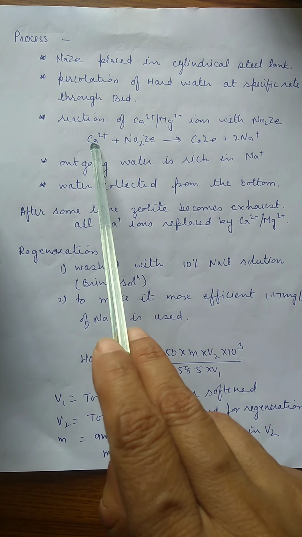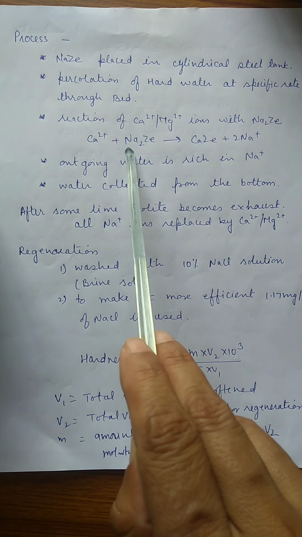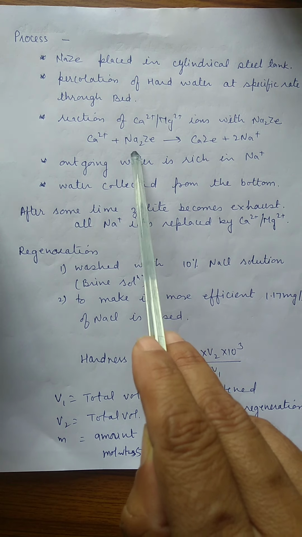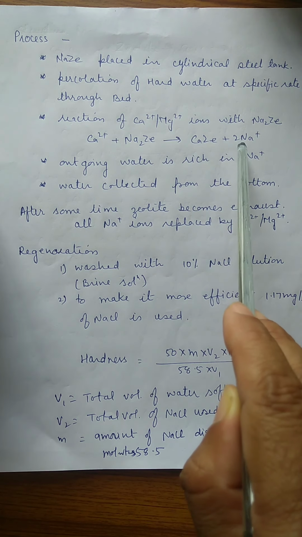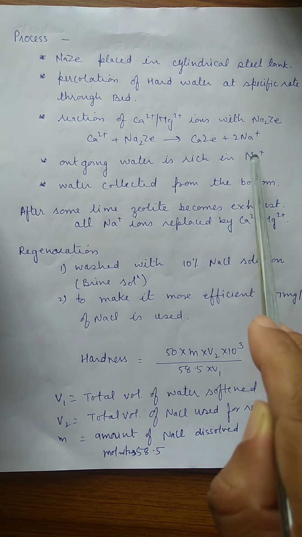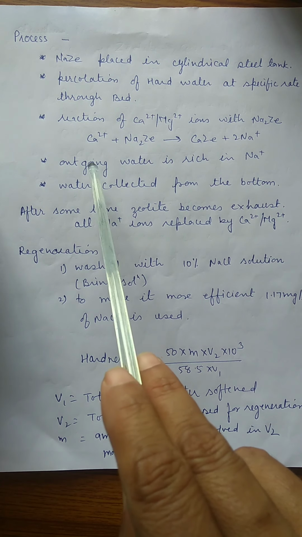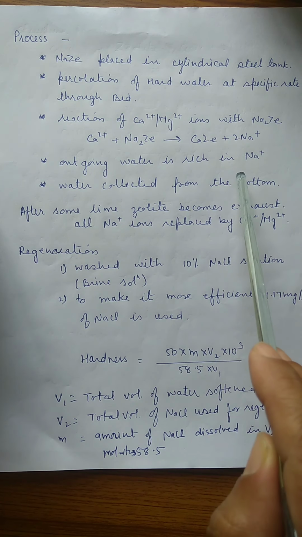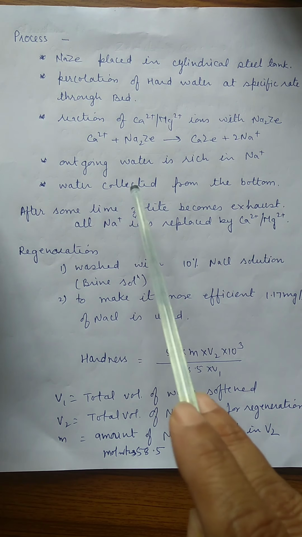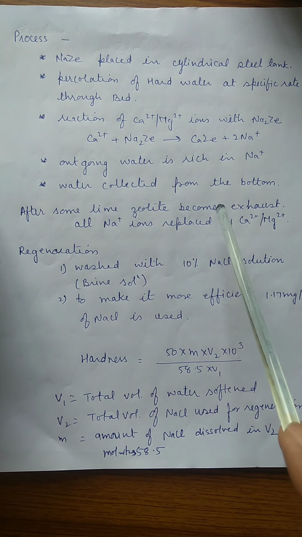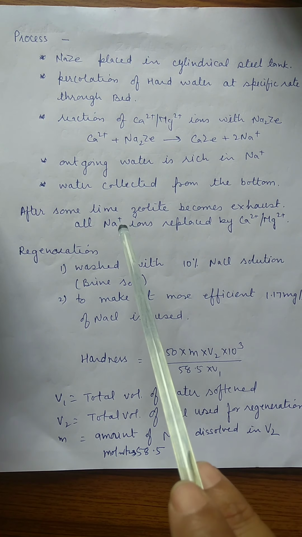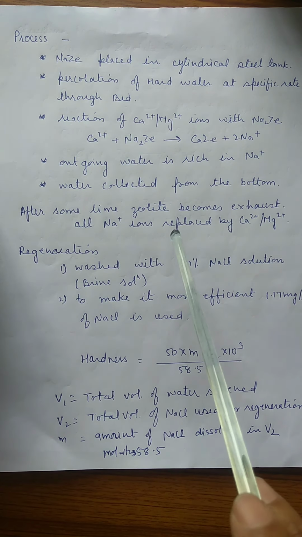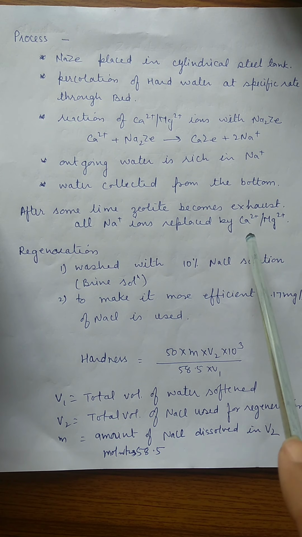Calcium or magnesium ions are held by the sodium zeolite and converted into calcium magnesium zeolite, and the sodium ions are released into the water. The outgoing water is rich in sodium ions and is collected from the bottom. After some time this zeolite becomes exhausted, which means all the sodium ions are replaced by calcium and magnesium ions.